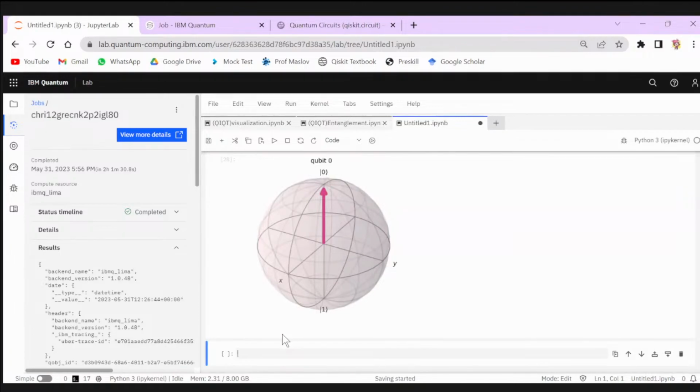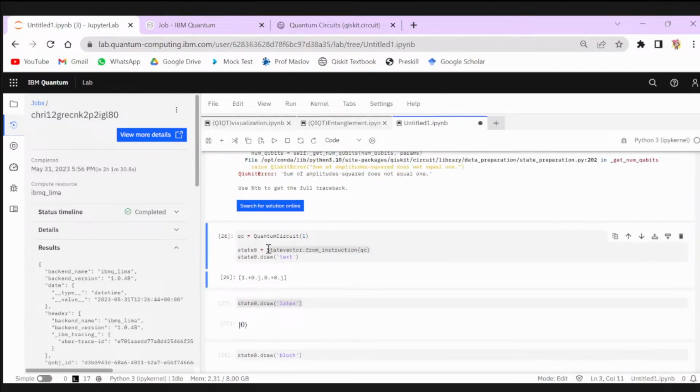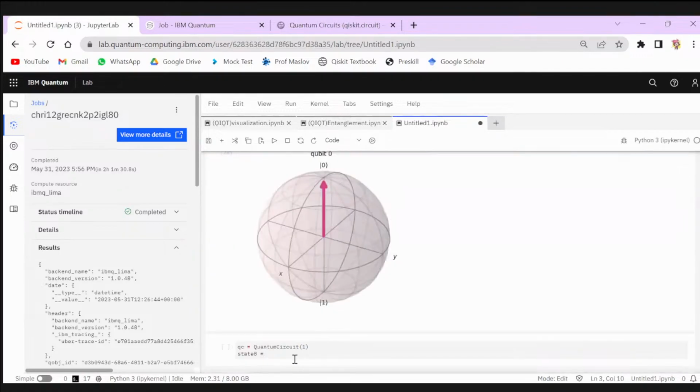So at first, let's define a quantum circuit again. Now at first, consider the first state which is 0 state. Let's bring this initial state.